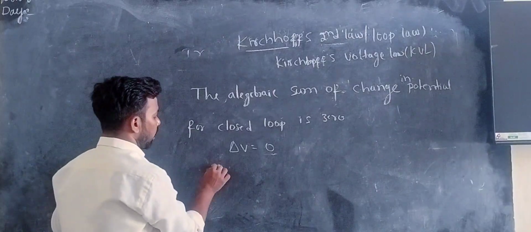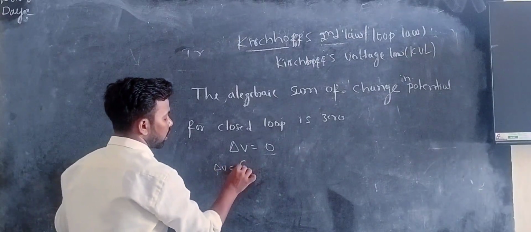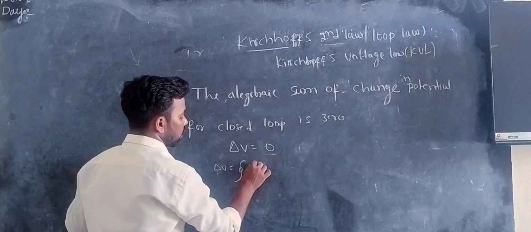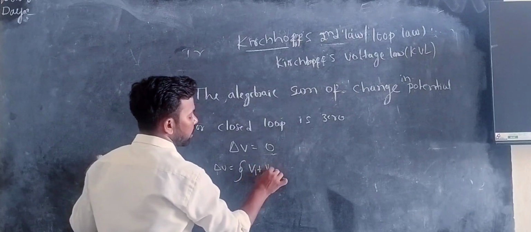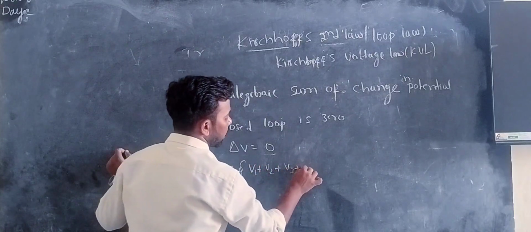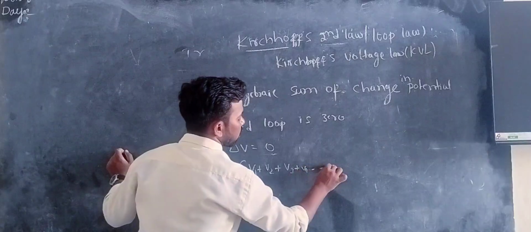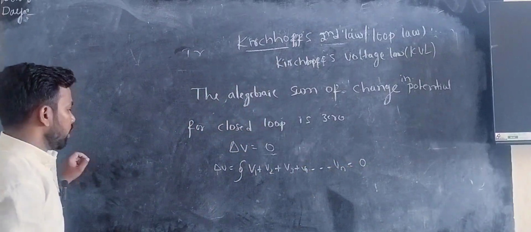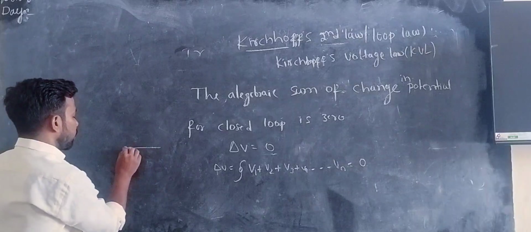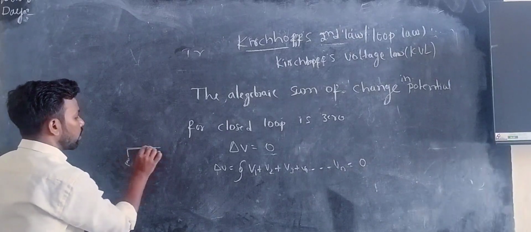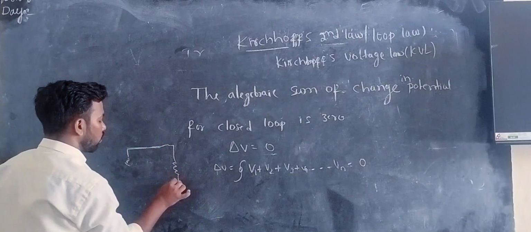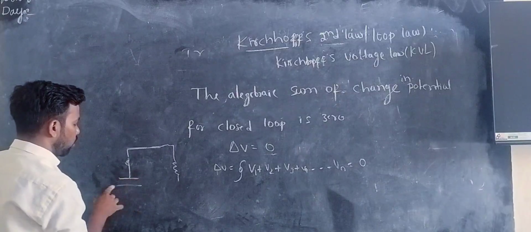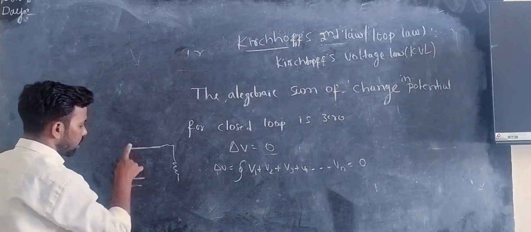Delta V is equal to V1 plus V2 plus V3 plus V4 up to Vn is equal to 0. To apply this, what is the condition?